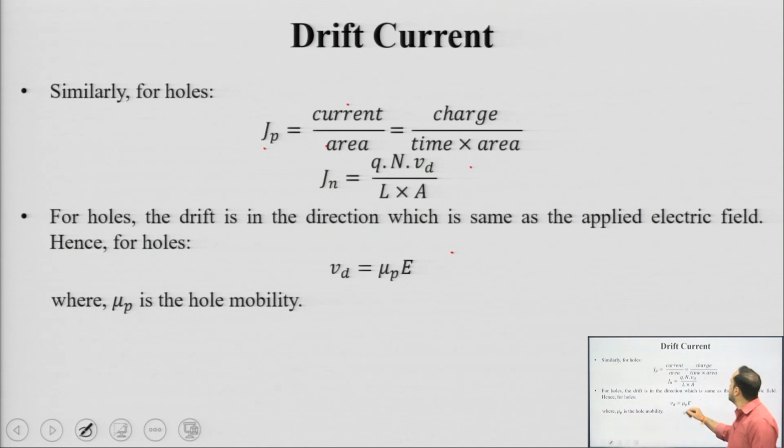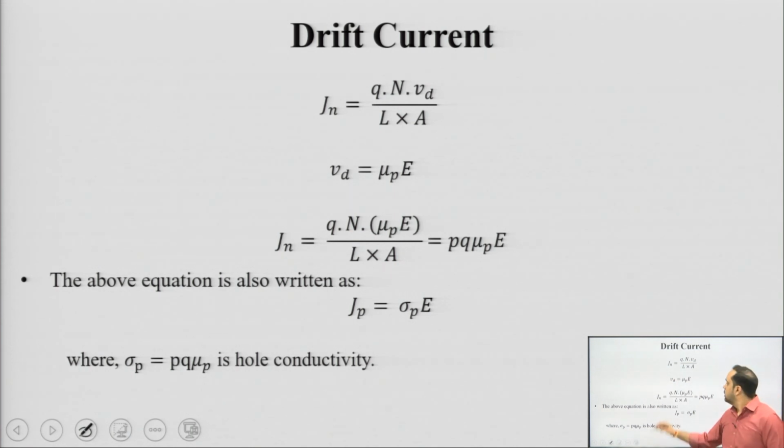Combine these two, this should be J P here. Again I think I have put the wrong subscript, this should be J P. So, with this the whole current density, if you combine these two equations, you are going to get this third equation.